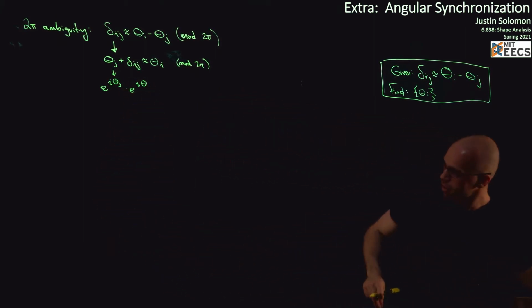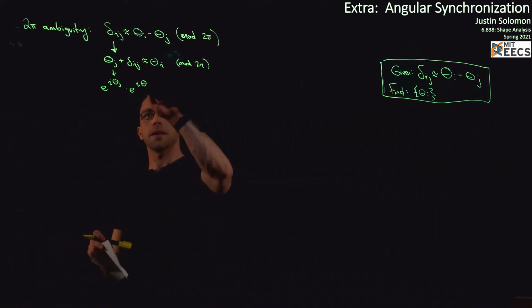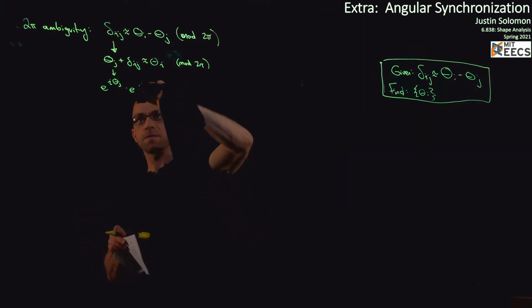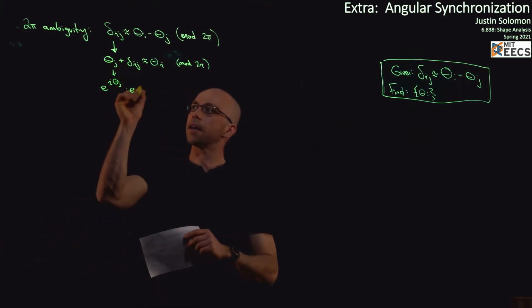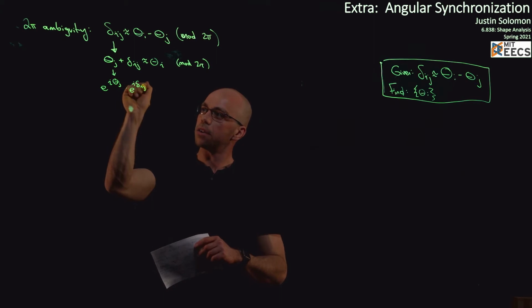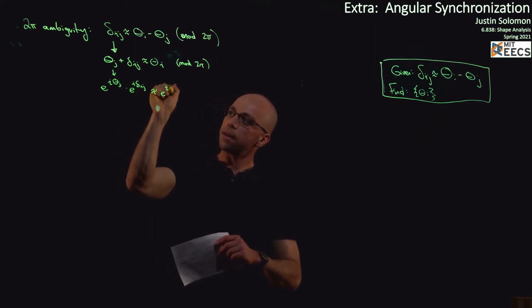I've learned in teaching online that I can say one thing and write another quite easily, for some reason. Okay. e to the i delta ij is approximately e to the i theta i.